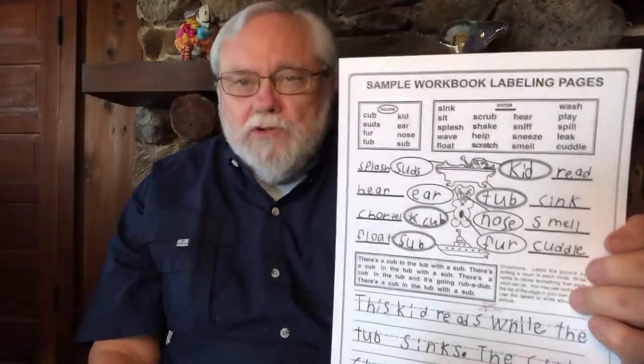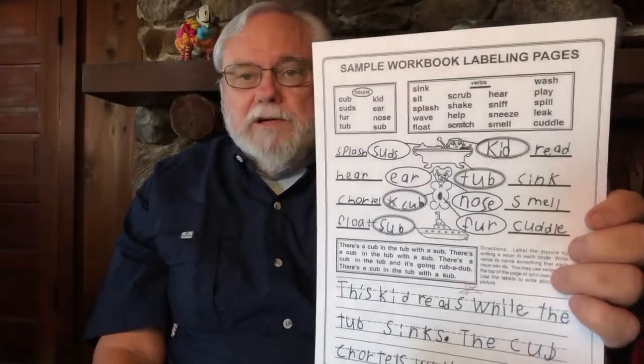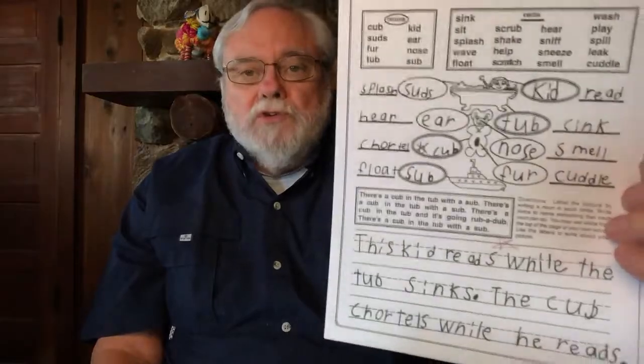So on this child's page, she has the suds can splash, the ear can hear, the cub can chortle. Now where does she get a word like chortle? From the books that we read, and to chortle means to laugh. The sub can float, the kid can read, the tub can sink, the nose can smell, and the fur can cuddle. Then down at the bottom, the child writes, "This kid reads while the tub sinks. The cub chortles while he reads."